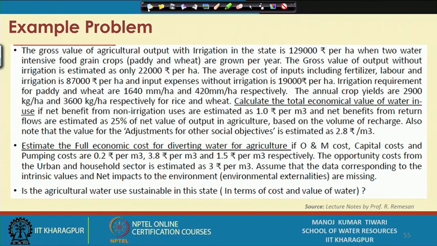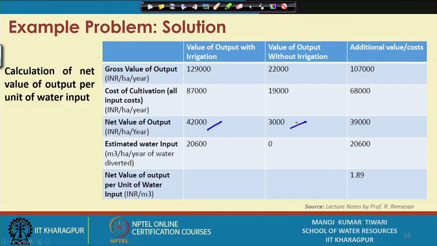42,000. So that way we can determine per unit of water how much additional income has been generated, and that is what will give us an idea of the economic value of that water. 42,000 with irrigation and 3,000 without irrigation.